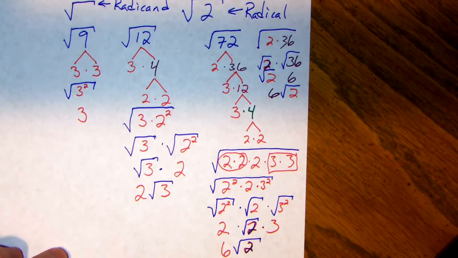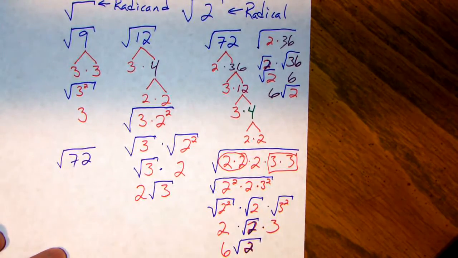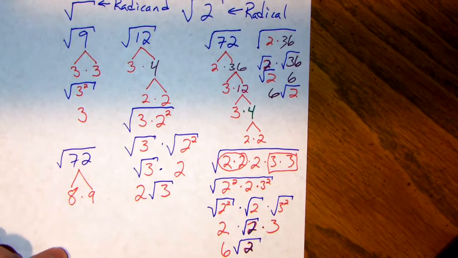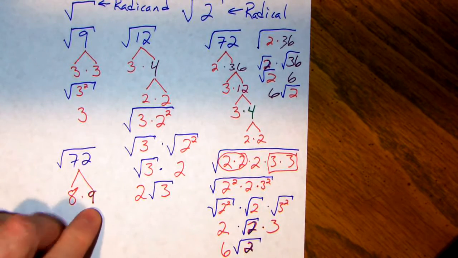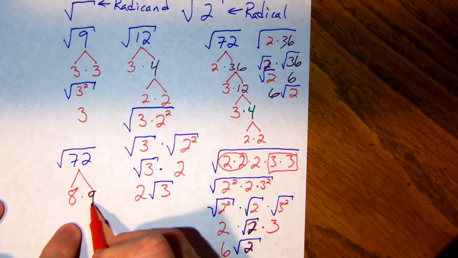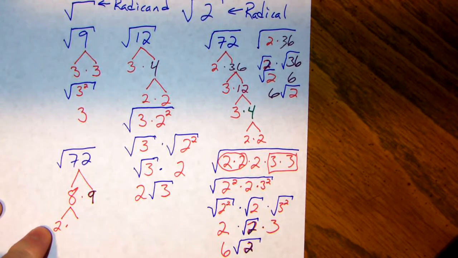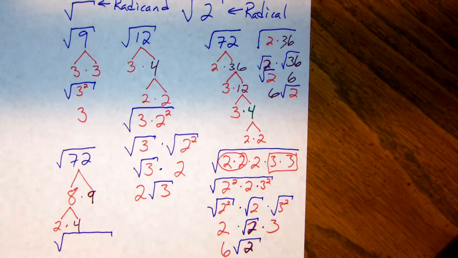Now it would also be possible to look at the square root of 72 in a slightly different way. We could look at 72 as being 8 times 9. This might be a good way of looking at it because we recognize that 9 is a perfect square. And so I could stop factoring out 9 and look at my 8, which is 2 times 4. Now 4 and 9 are both perfect squares, which means I'm at a really good place to rewrite this problem.